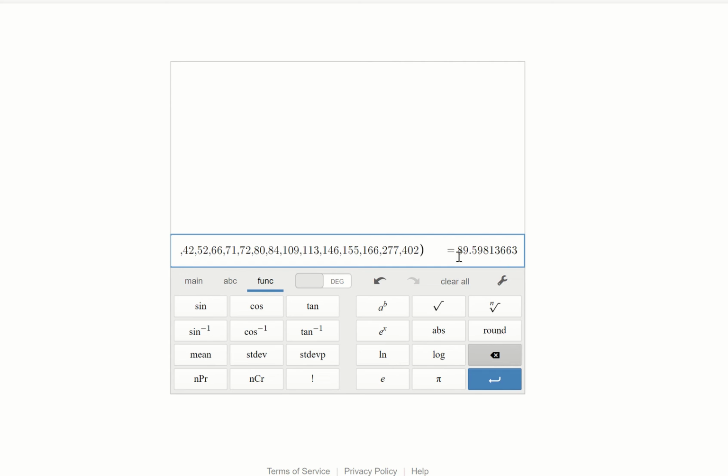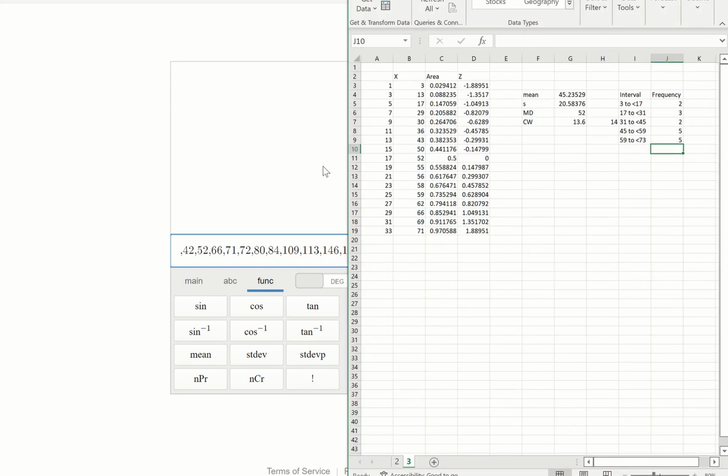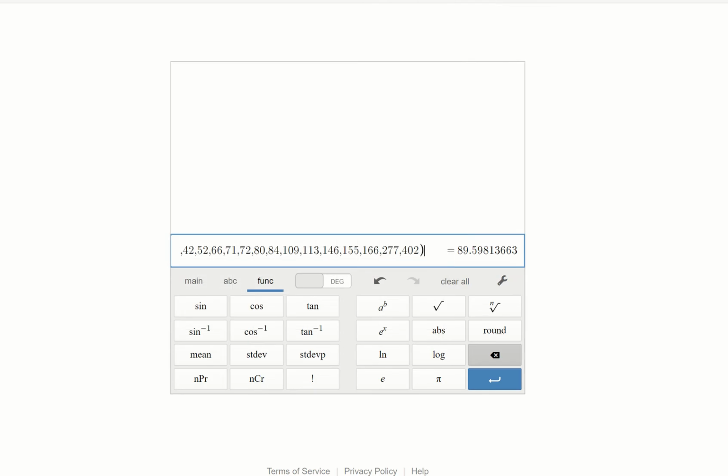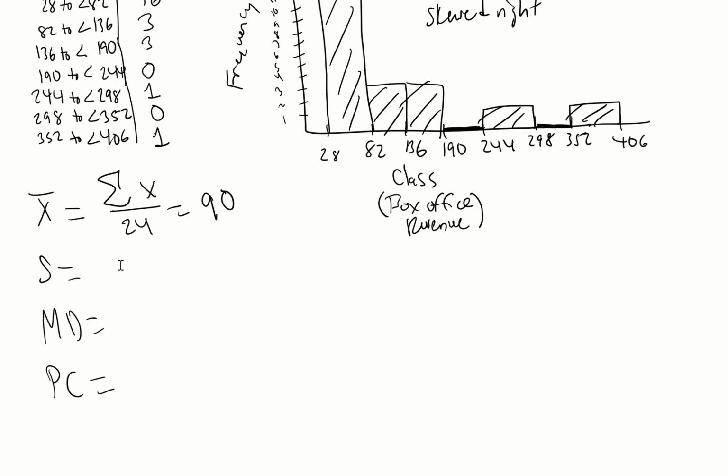So that is our standard deviation. Let's go back here. And hold on, let's take a look over here. All right, so the standard deviation is approximately 89.6. All right, really useful calculator.